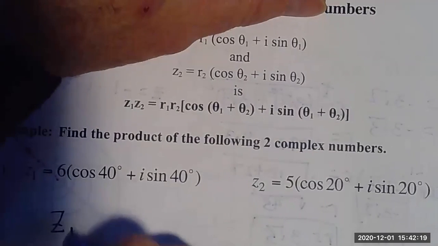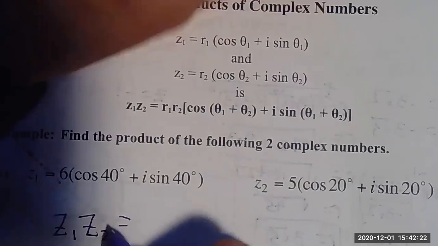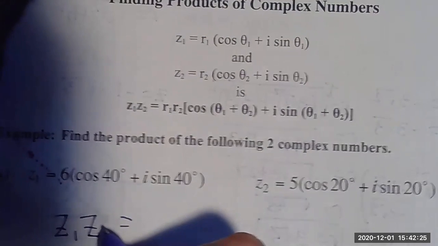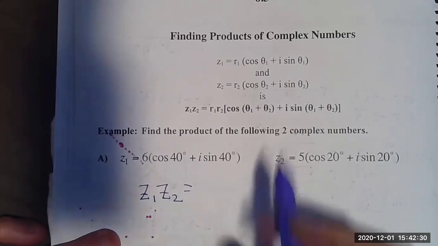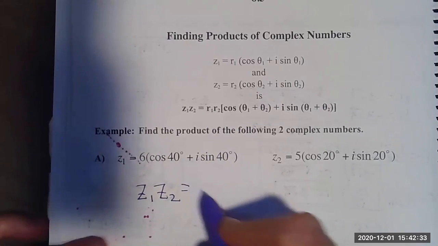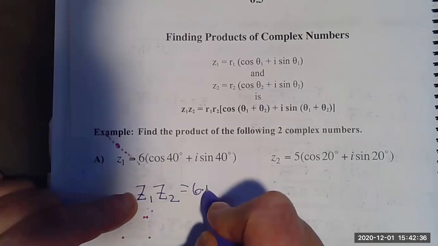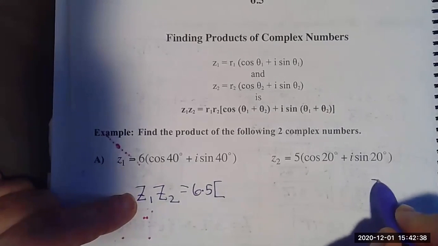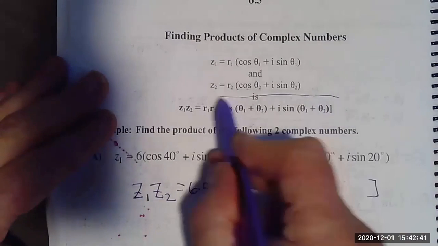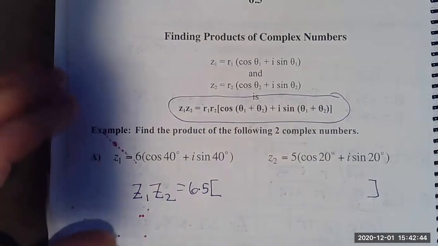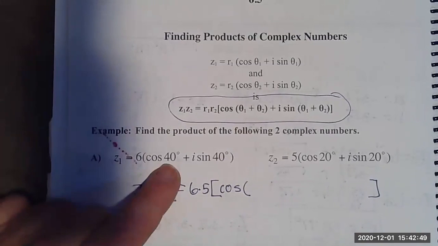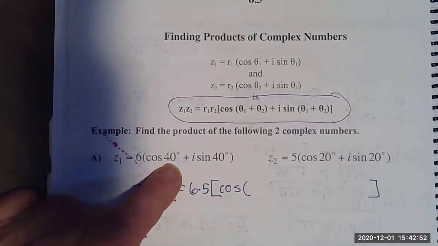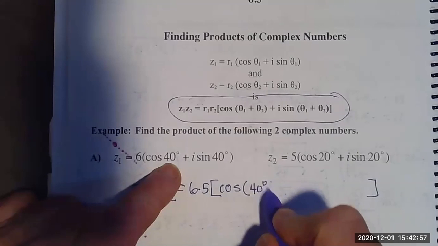So z sub 1, z sub 2. The r would be 6 times 5. I'm following right here. Cosine, parentheses, the 2 angles added together. So 40 and 20, that's convenient, because that'll make 60. 40 degrees and 20 degrees.